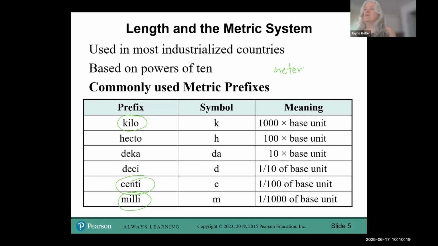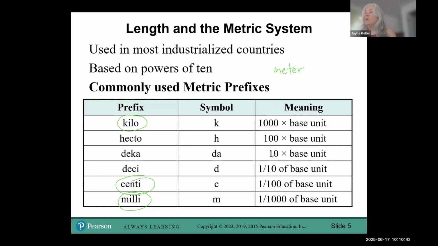But the beauty of it is that a kilo always means 1,000. So whether I'm measuring distance or weight, it's still going to be 1,000 of the base units is a kilometer in this case, and 1/100th of a base unit is going to be a centi or centimeter in this case. And so the beauty of that is converting is really easy, because what happens when I multiply by a power of 10?